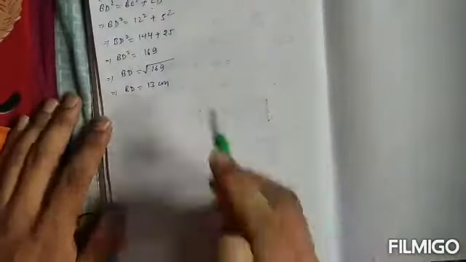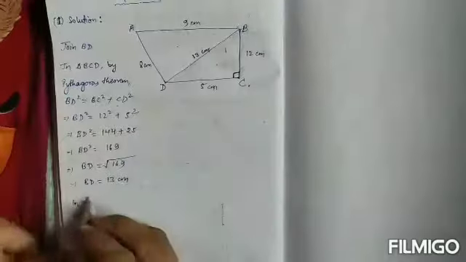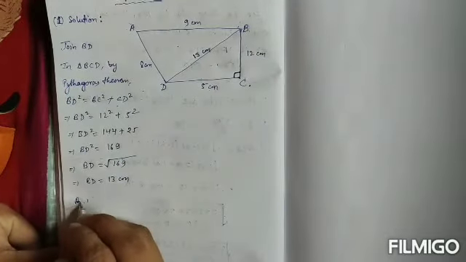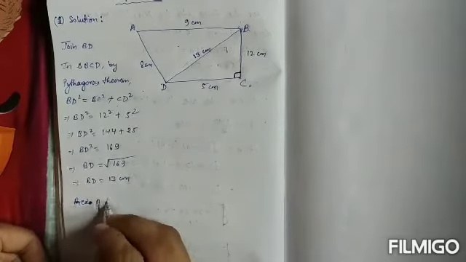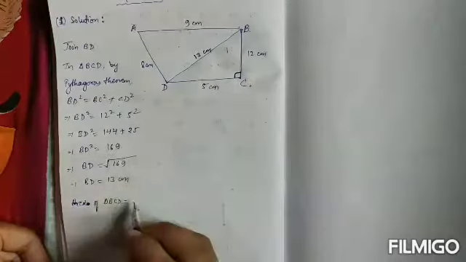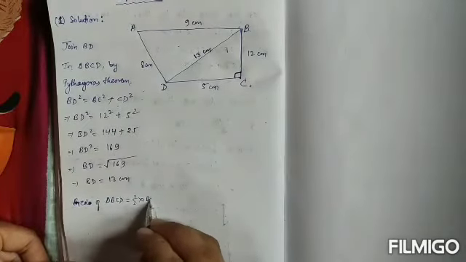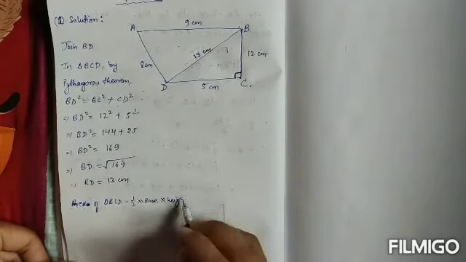Okay, so now first, since this one is right angle triangle, area of triangle BCD. Since this is right angle triangle, I can use half into base into height, isn't it?